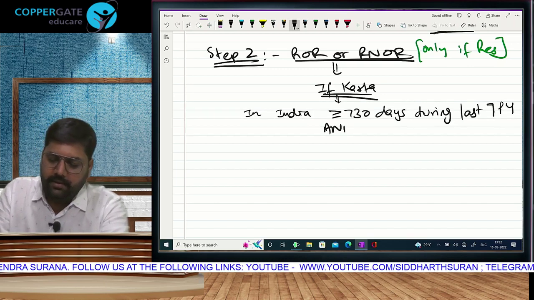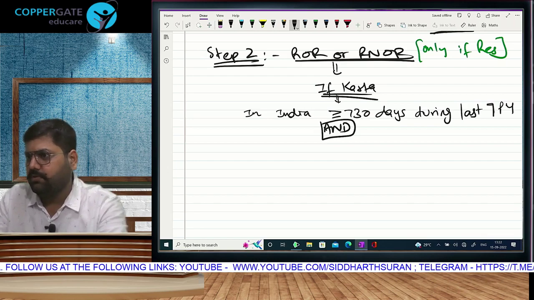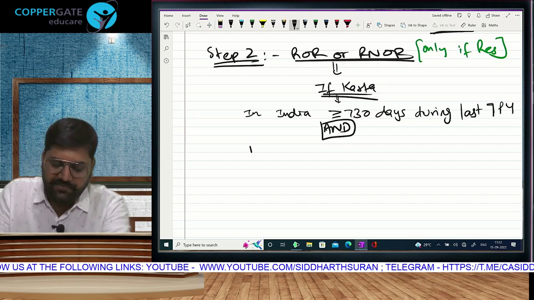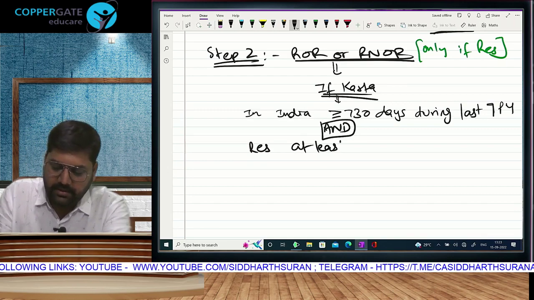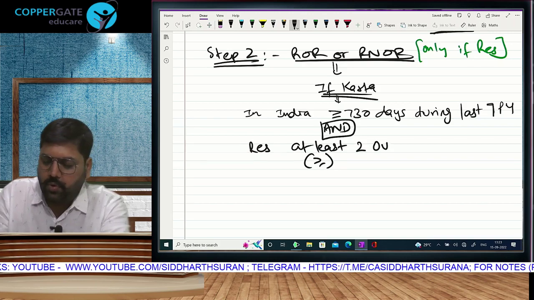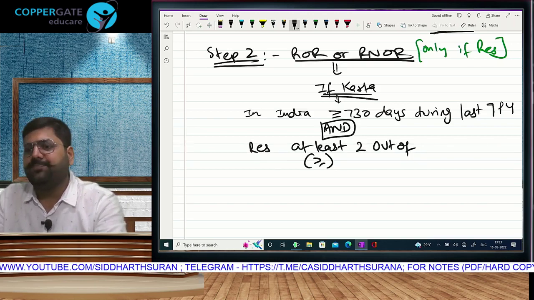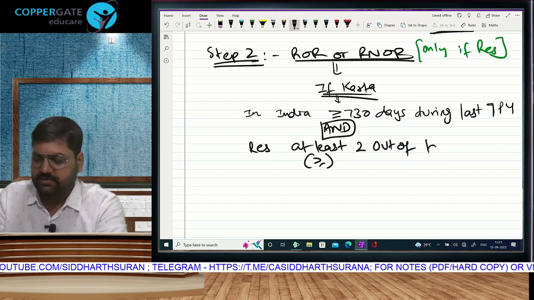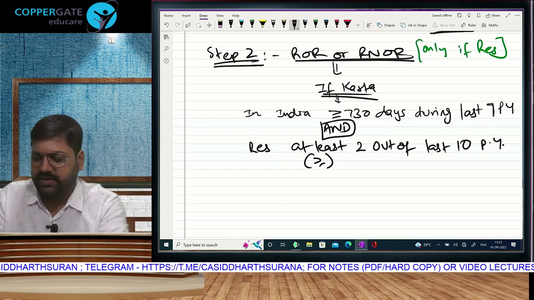And you have to fulfil one or both? Both. If the karta has been resident in at least, means greater than or equal to, 2 out of 10 immediately preceding previous years, that is last 10 previous years or last 10 years, you can write that also, no problem.